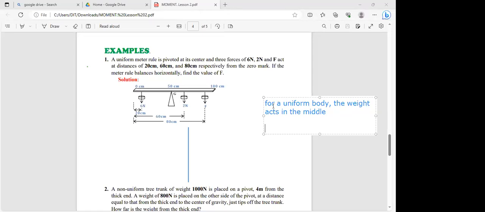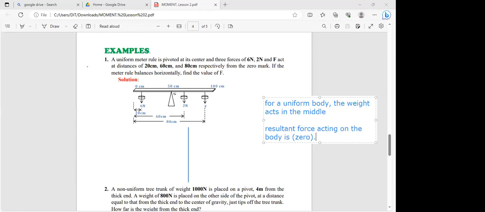The other condition for a body to be in equilibrium is that the resultant force acting on that body is 0, which means that the upward forces, if we have any forces acting upwards, are equal to the downward forces.